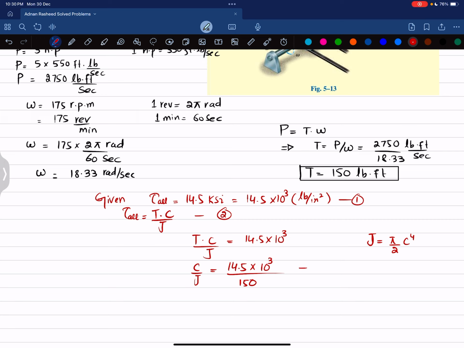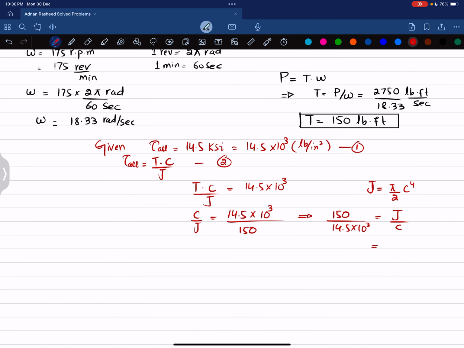From this you can also get that 150 divided by 14.5 into 10 raised to power 3 will be equal to J divided by C, and you can just plug in the value of J. So J is pi by 2 C power 4 divided by C. This C will cancel, so we are left with C power 3 equal to 2 multiplied by 150 divided by pi multiplied by 14.5 into 10 raised to power 3.